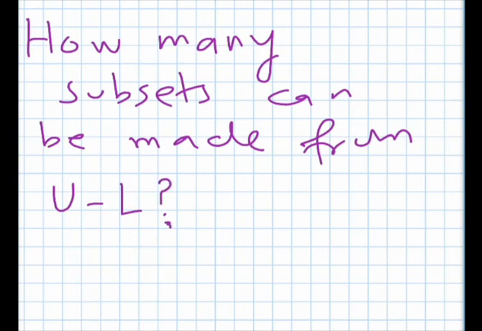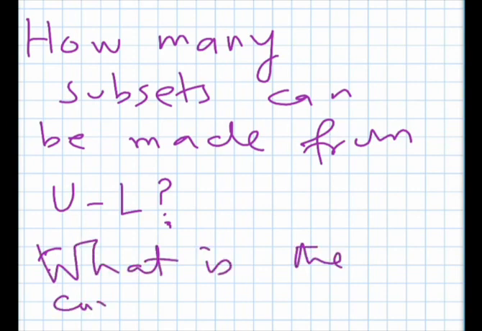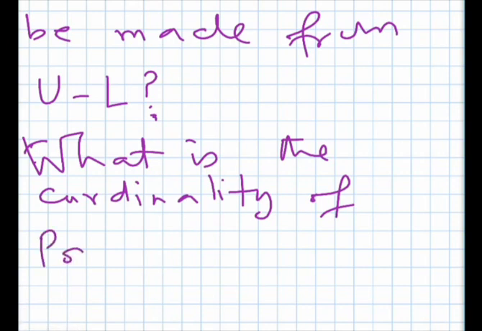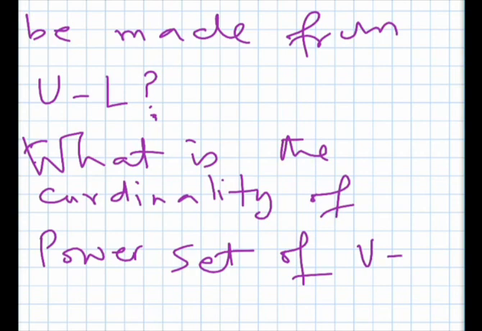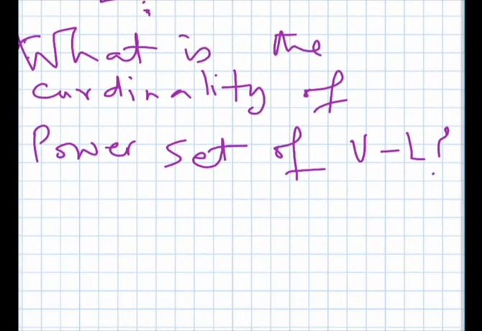This is the same question as asking what is the cardinality of the power set of U minus L. Since the cardinality of U minus L is n minus 1, the answer to this question is 2 to the n minus 1.